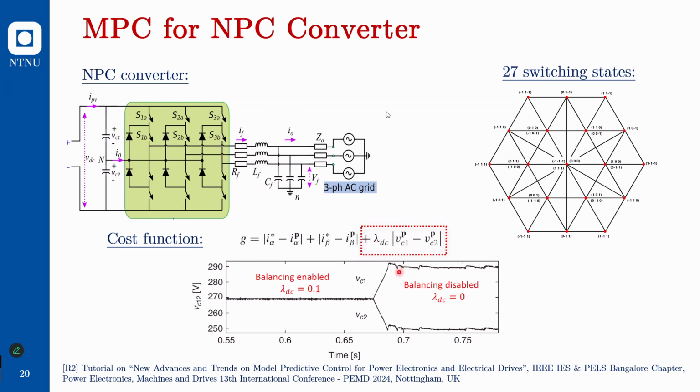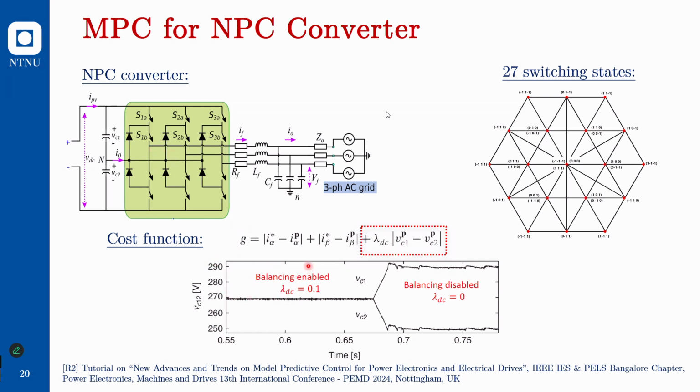Now the tricky point is that we need to tune the weight factor accordingly so that it will produce better results. For example, if you make this lambda DC equal to 0, then you end up losing the balancing capability. That is why both the voltages are not the same anymore. However, if you assign a certain value here, then you get both the DC links to settle at the same value.